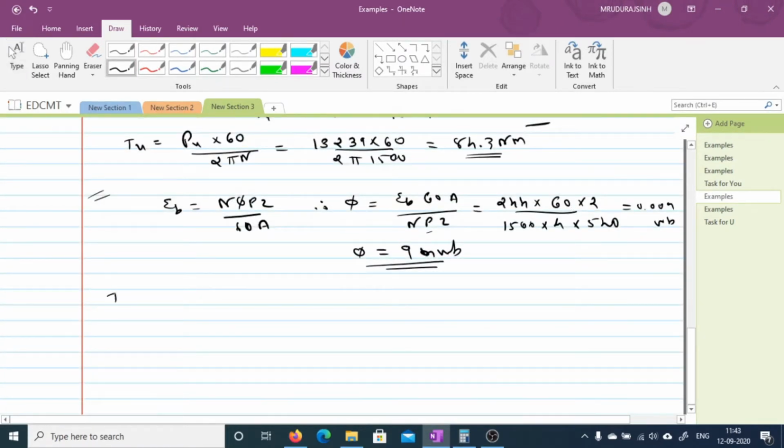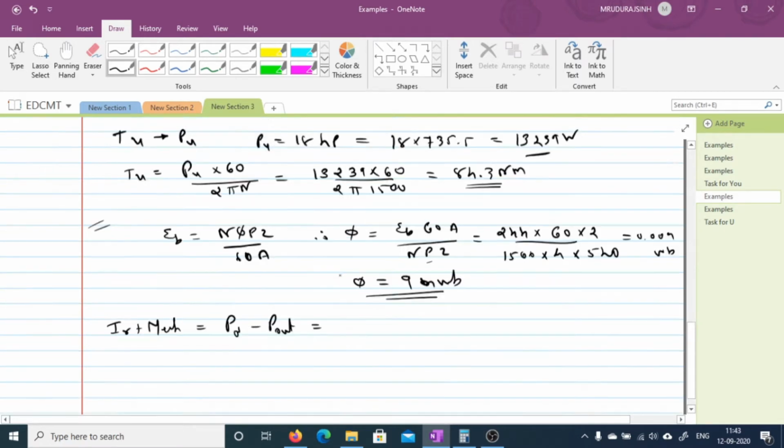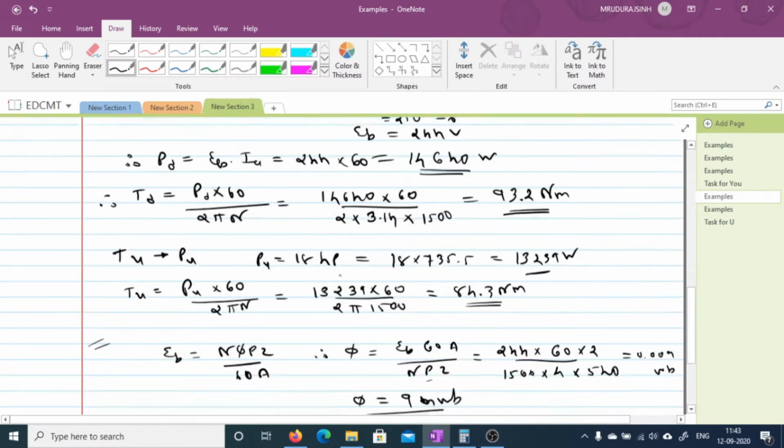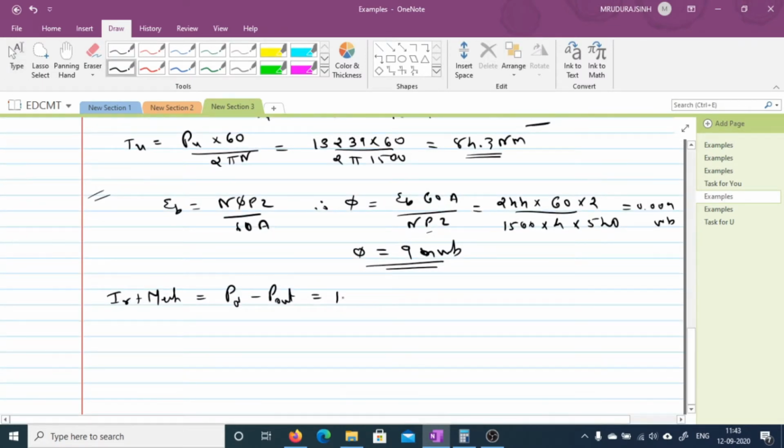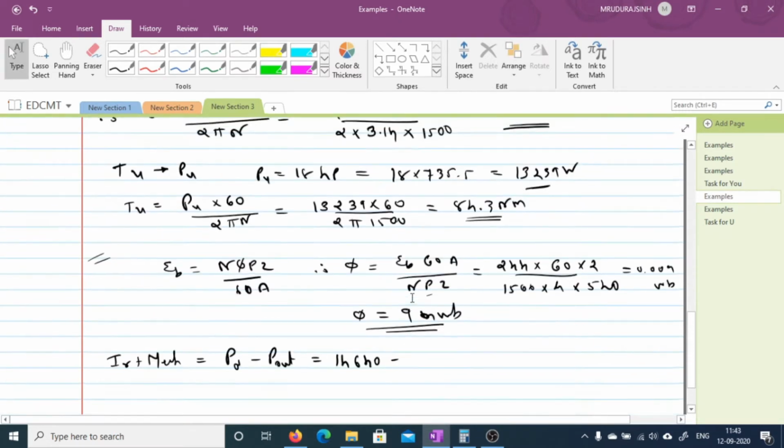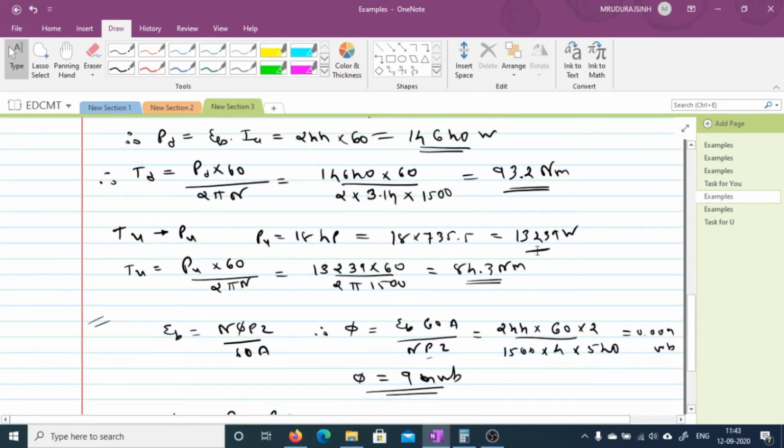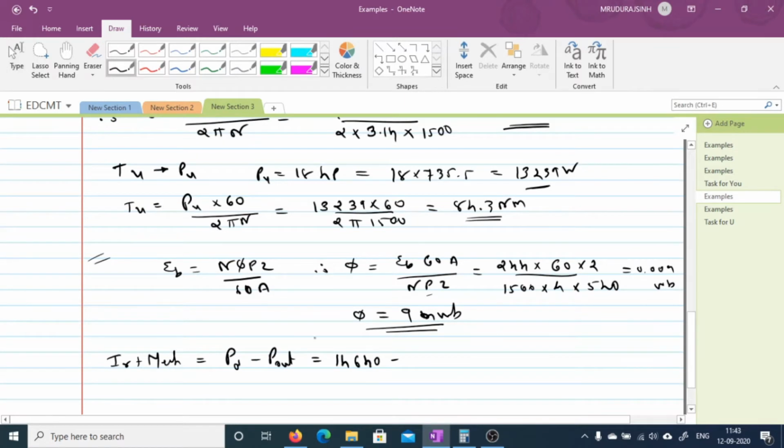So iron loss plus mechanical loss is power developed minus output power. Power developed is 14,640 watt minus output power 13,239.